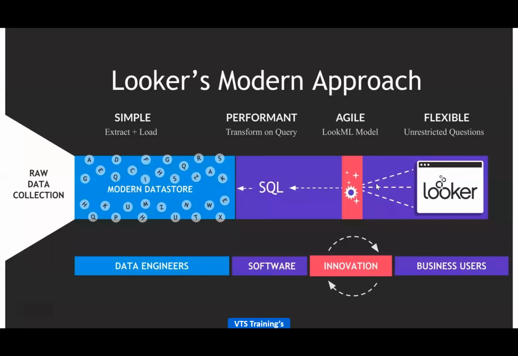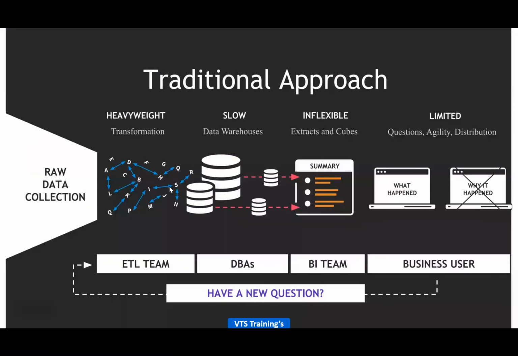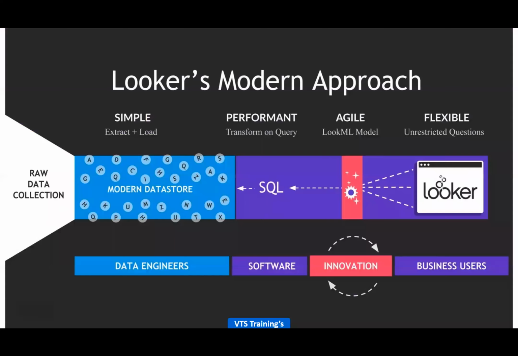In the Looker modern BA approach, we will eliminate both the ETL team and the DBA team. The data engineering team will come into the picture. They will collect the raw data from different sources and just follow the lift and shift process, which is called extract and load.